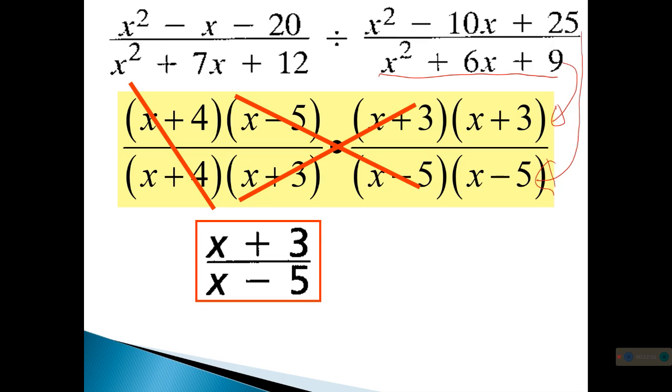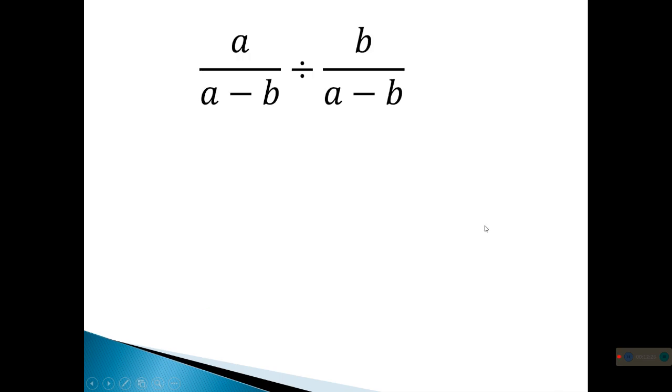Okay? So, is there any question? So, if you haven't any question, let us have this. Okay? So, there are no numerical coefficients or constants. So, in this case, you will have a over a minus b times a minus b over b.